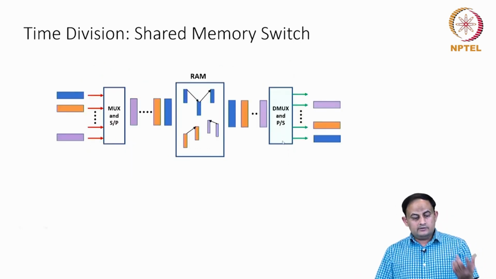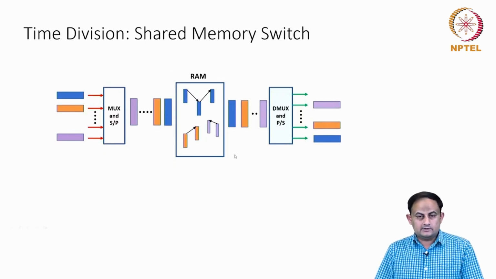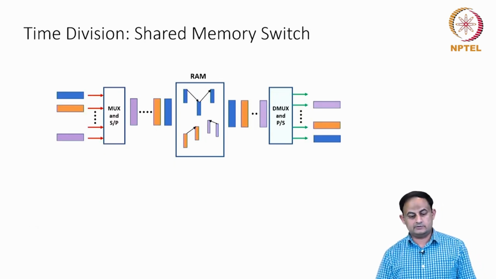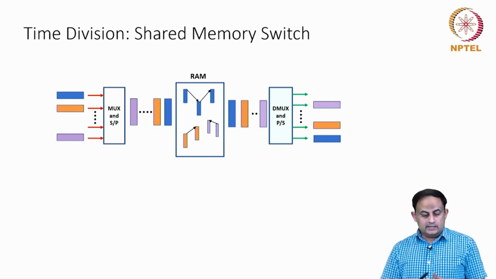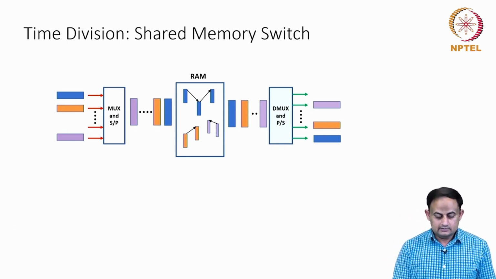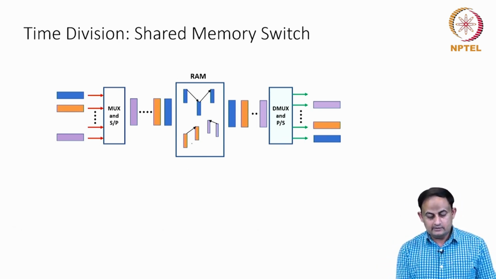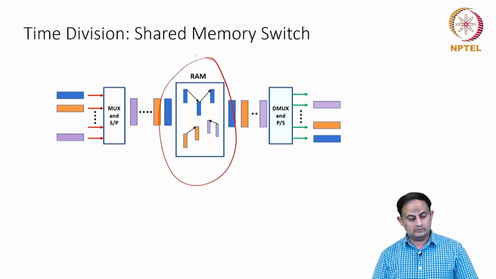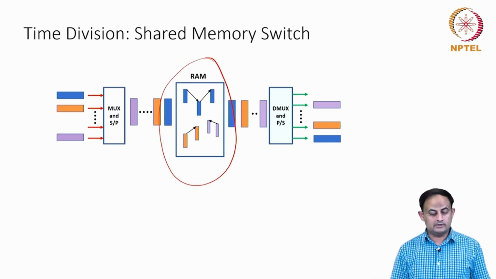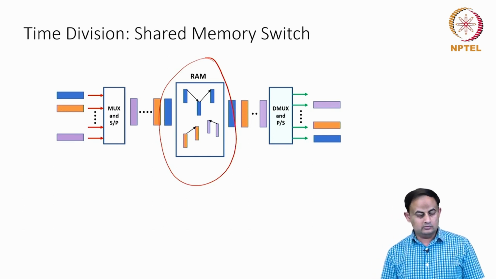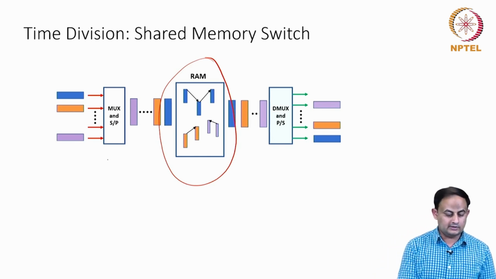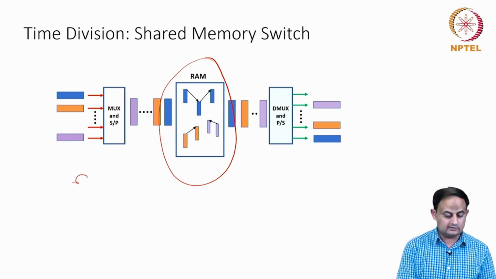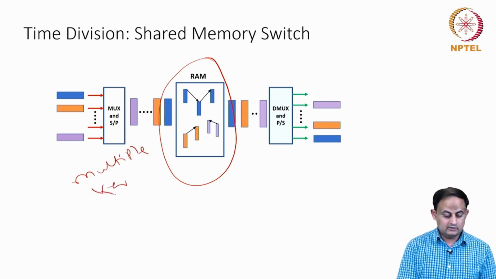So the other way to implement the time division kind of switch fabric is something called the shared memory switch fabric. The conceptual idea here is you've got a memory. In this case, here is the RAM, which is the central portion of the switch fabric, and there are two other components. One is called the multiplexer, and the second one is called the demultiplexer.